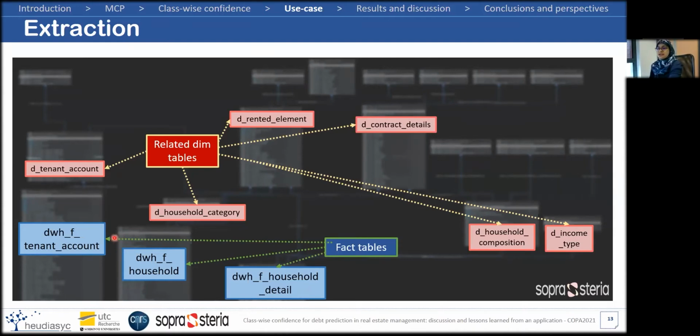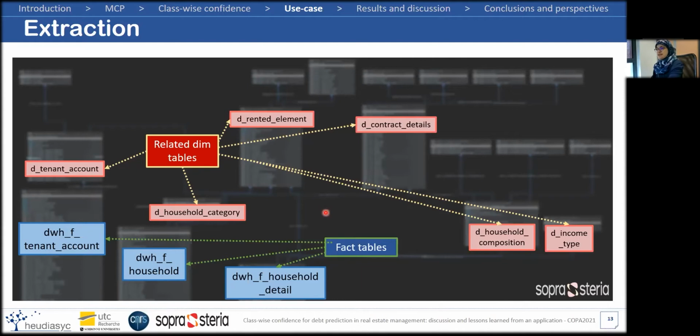With this information, we also need more details from related dimension tables, for example more information about the rented element, whether it's a house or an apartment, where it is, how big it is, etc. Some contract details, when it started, for how long, etc. Also some household composition and income information, etc.